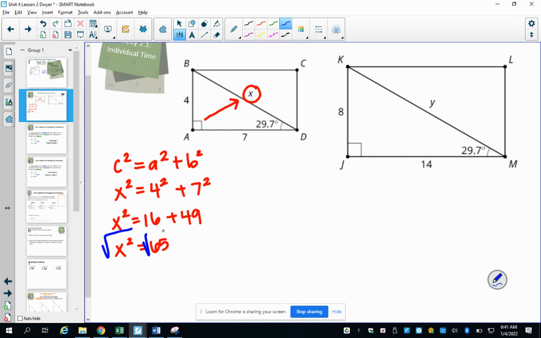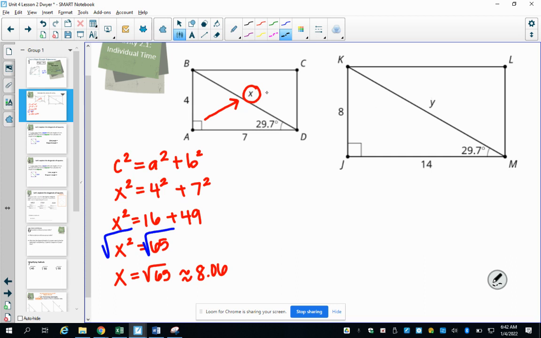Square root both sides to undo that squared. So the square root and the square cancel, and we get x equals square root of 65, which is approximately 8.06. Then you could go ahead and figure out y. So you've got a couple options.